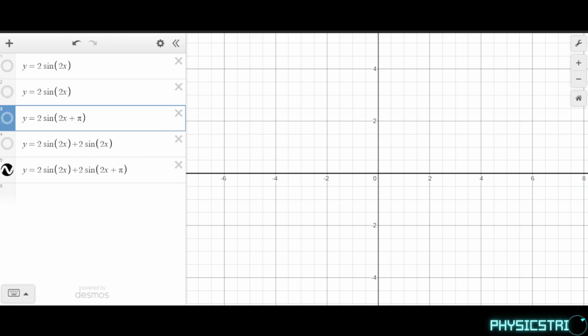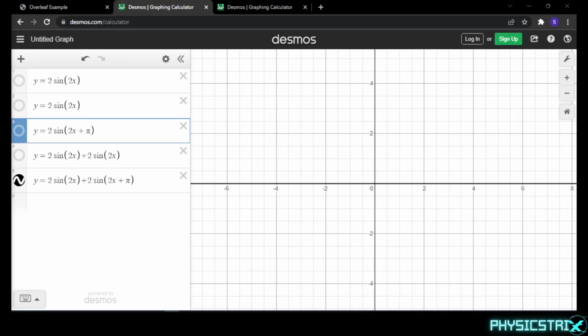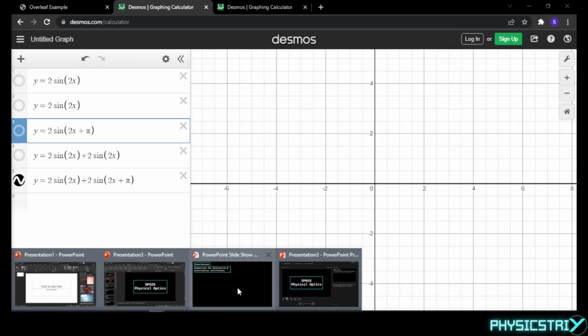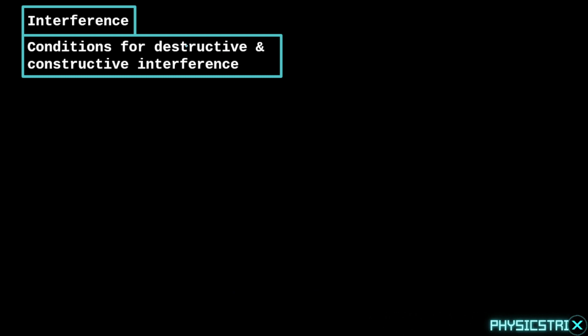So what can we say from there? For destructive interference, the condition is that the phase difference between them must be n pi. They must be shifted by n pi.